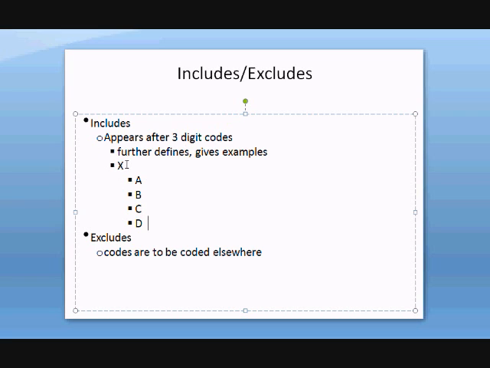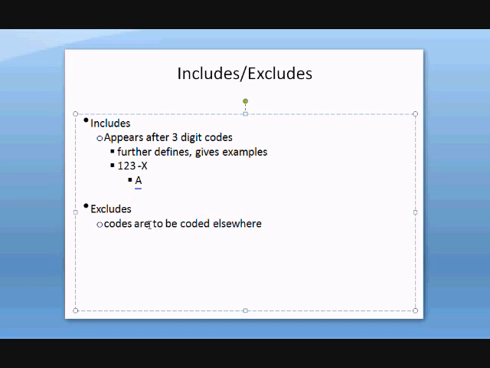Let's say disease X had a code of 123. That would mean that disease X, code 123, also includes all of these items: A, B, C, and D are all diseases that are included in it.